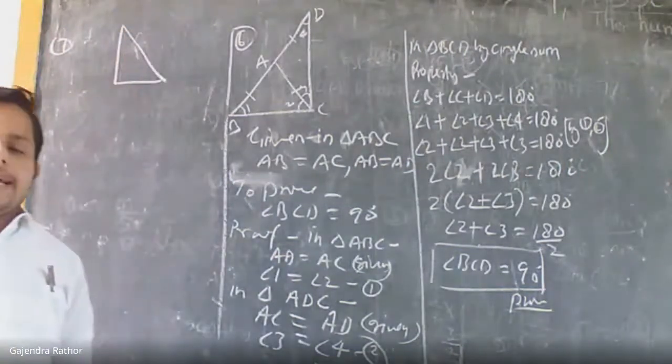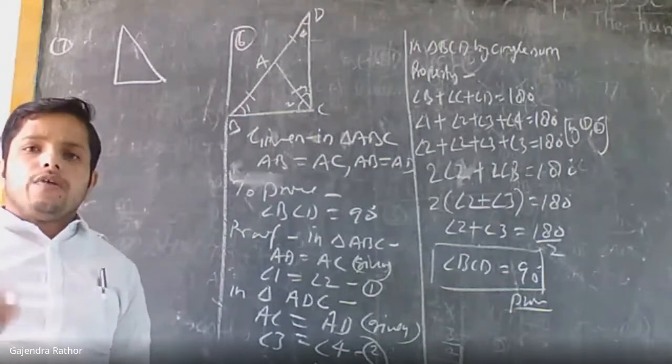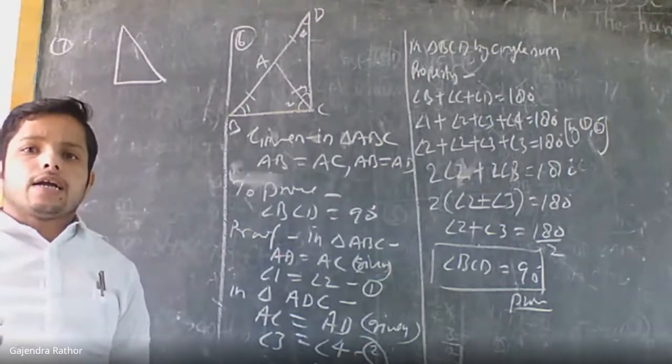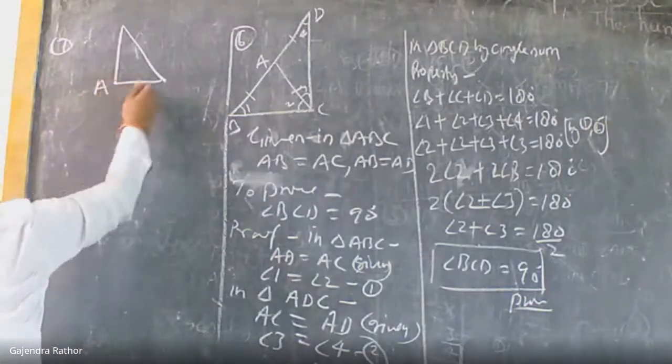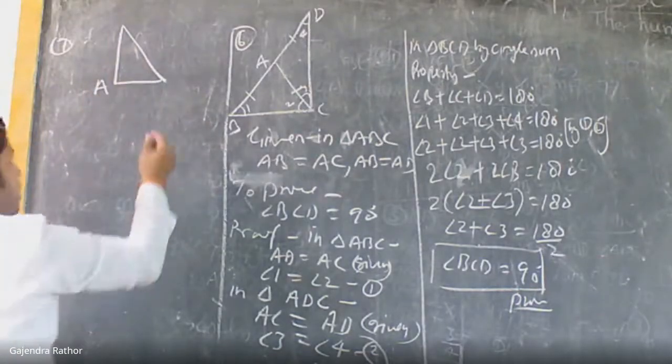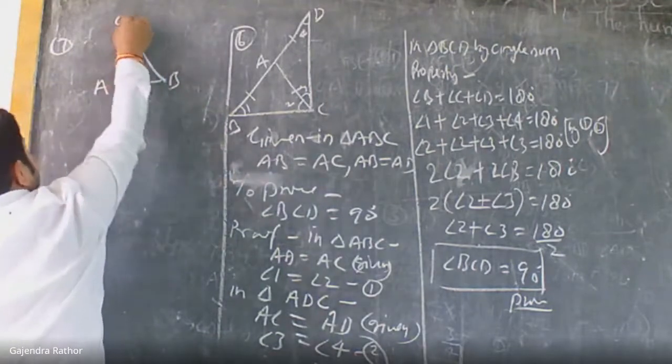When we draw a diagram of a right angle triangle, we should first mark the right angle. Which is the right angle? A. So this is A, and for B or C we can mark any one of the points. So this is B and this is C.